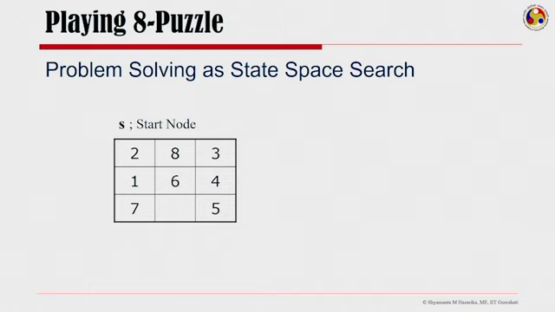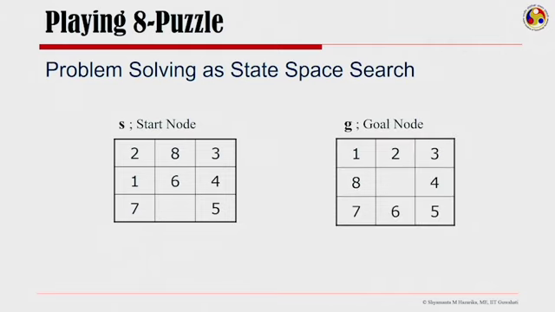So let's go back to playing the 8 puzzle game that we have been working on from the previous lecture and look at problem solving as state space search. On your left is the start node of an 8 puzzle tile configuration, and on the right is the goal node. We want to search through the problem space for reaching from the start to the goal node.